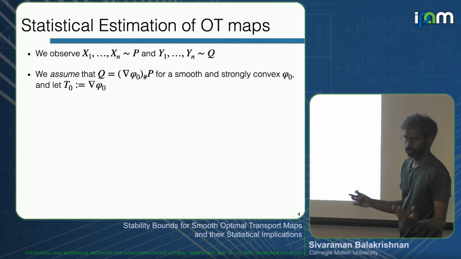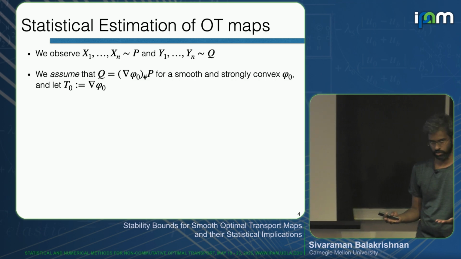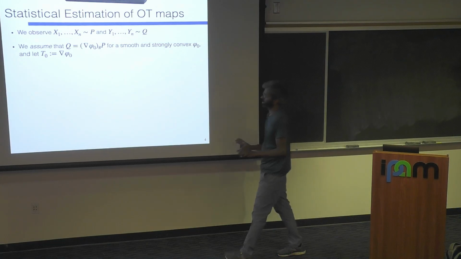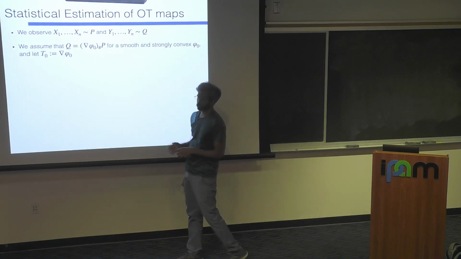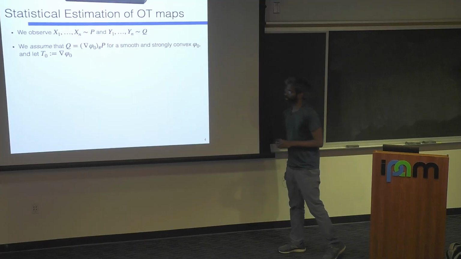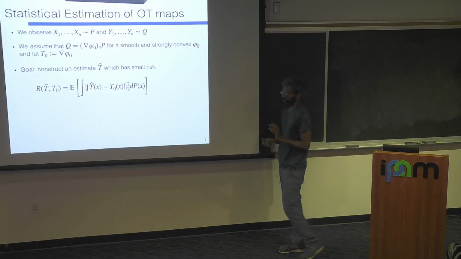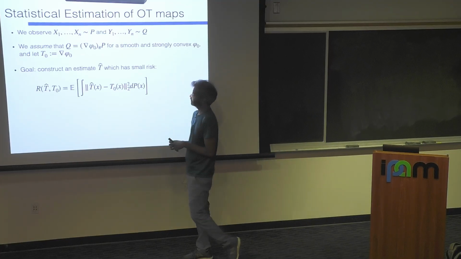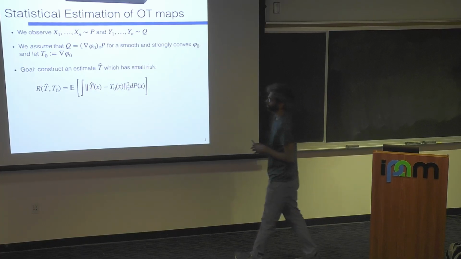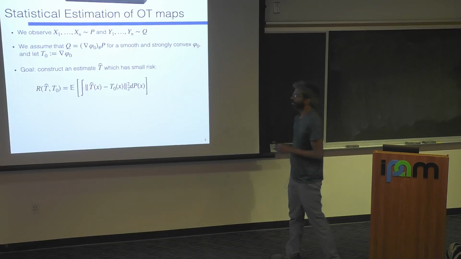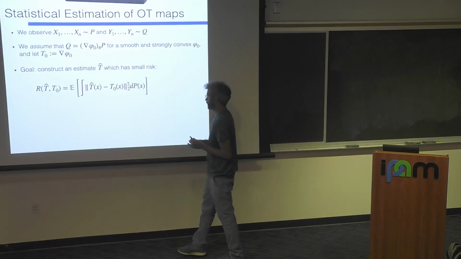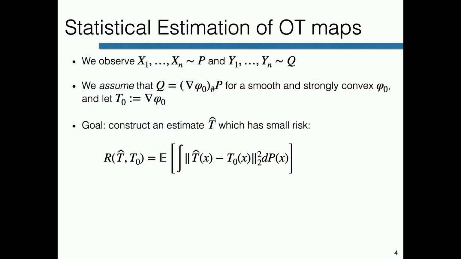P onto Q. And instead of giving access directly to the distributions, what we'll give you access to is samples from the two distributions. And what is the goal? The goal is going to be to estimate T0, right? So you don't have access to the distributions P and Q, and you'd like to construct an estimate which is accurate in some sense. And so here's the sense in which we'll care about its accuracy. We'll care about its L2(P) error. So that is, we'll measure how far is T hat from this unknown map T0 as measured in this way.